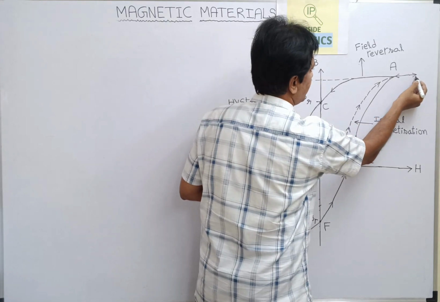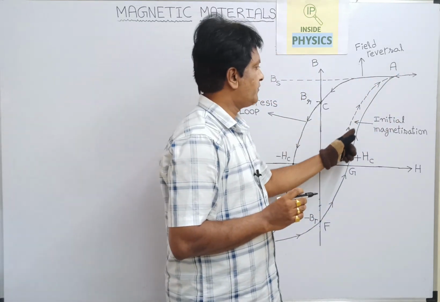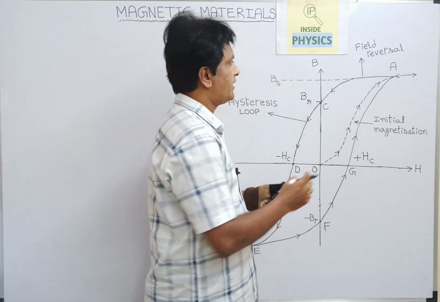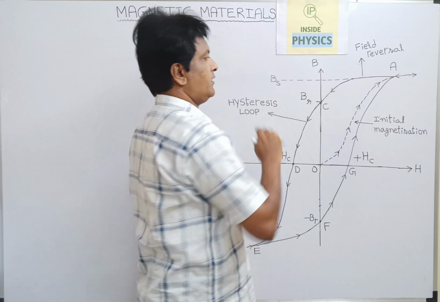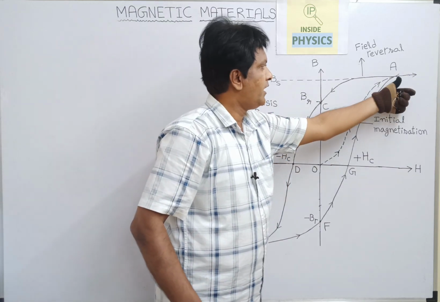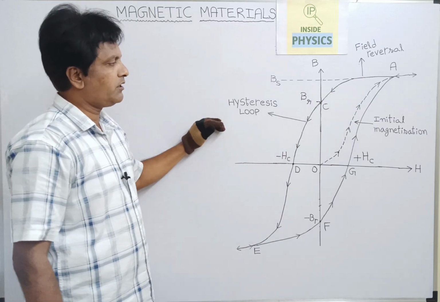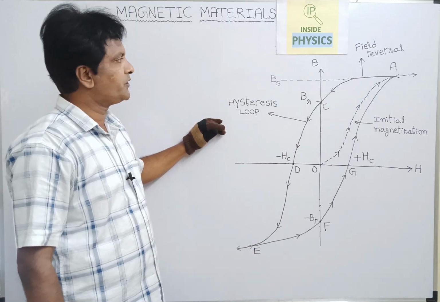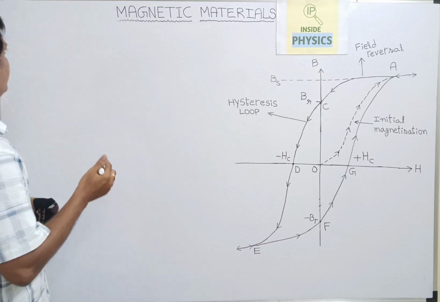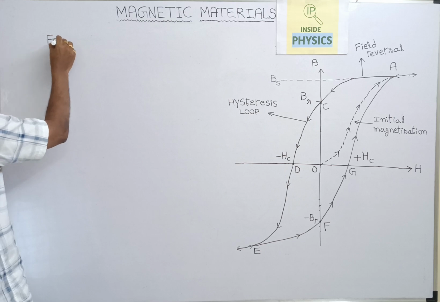Once the graph is going from here to here, we use this arrow, and if we come back by decreasing the magnetic field, we use the arrow in the backward direction. So this is about the hysteresis loop, and now we see how this hysteresis process can be explained on the basis of ferromagnetic domains.